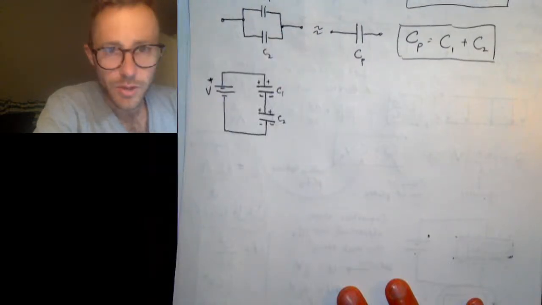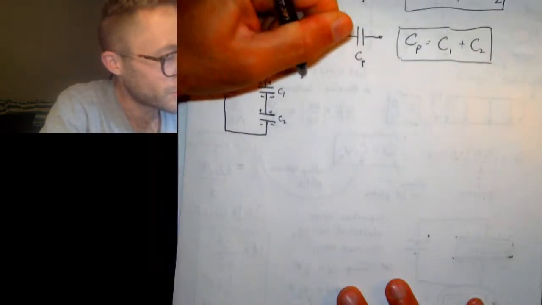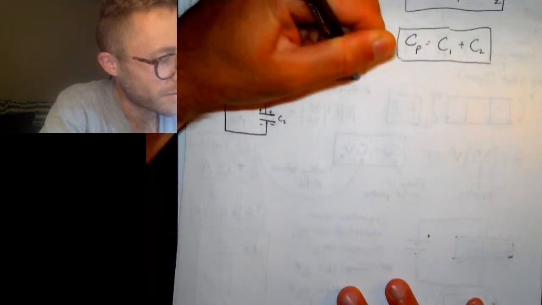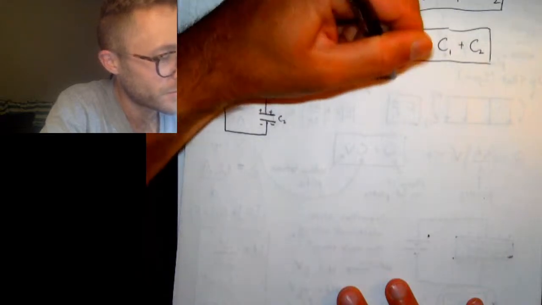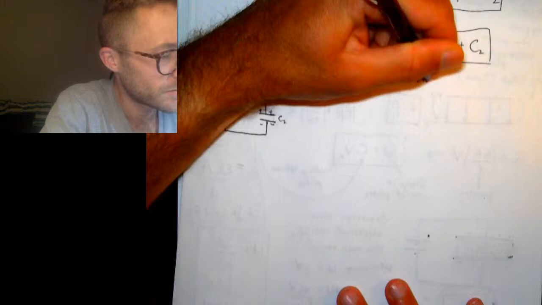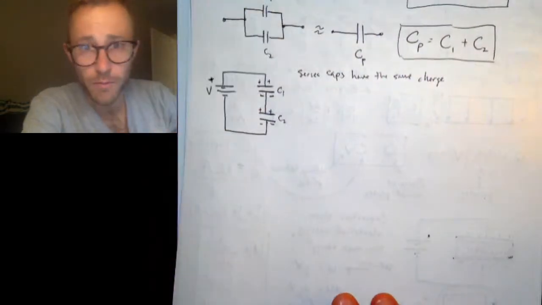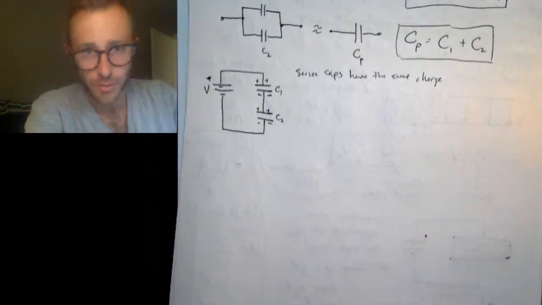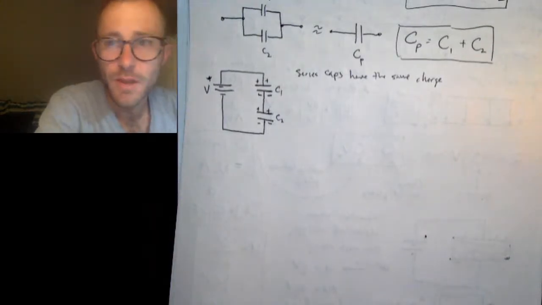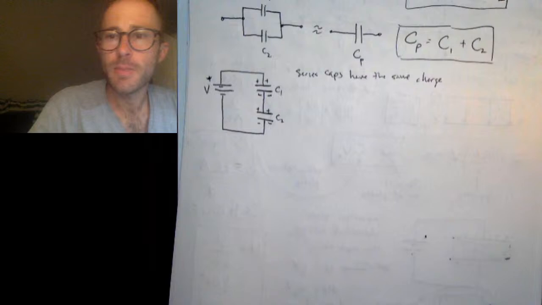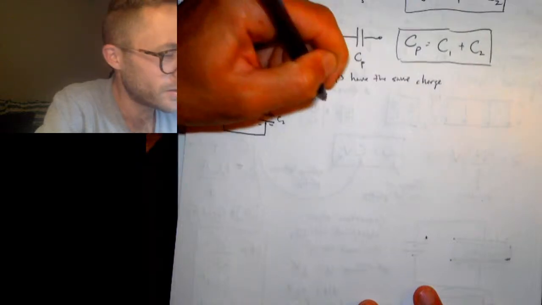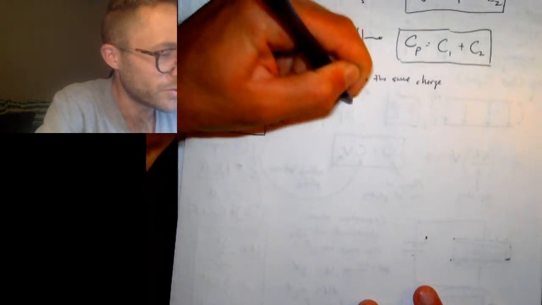So what that means is that series capacitors have the same charge on one of the plates. You know, the positive plate of C1 has the same charge as the positive plate of C2. Okay? So that means Q1 equals Q2.